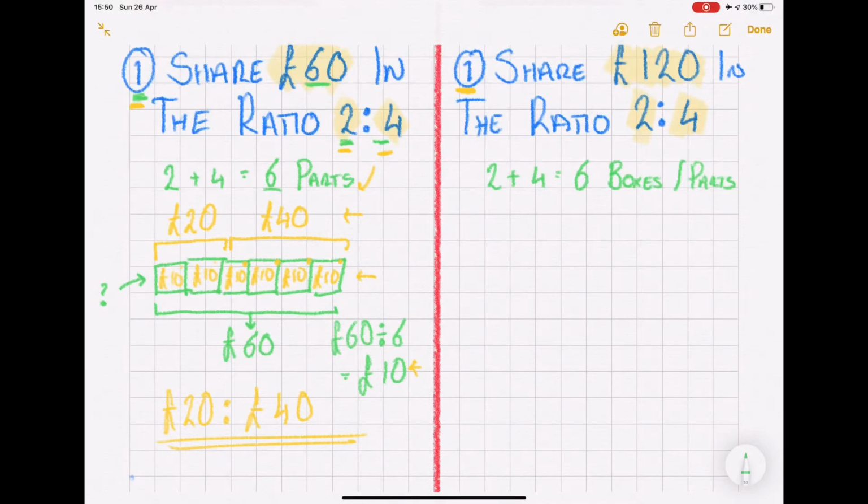Let's draw out our 6 boxes. 1, 2, 3, 4, 5, 6. And we're saying all those 6 boxes added together have a worth of £120.